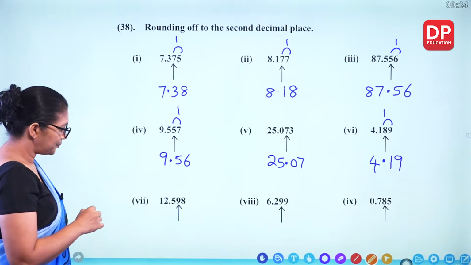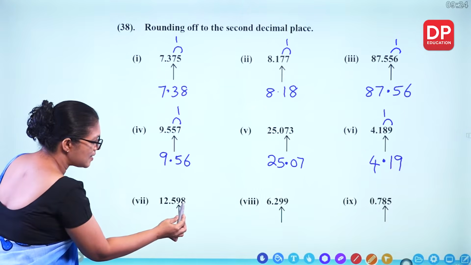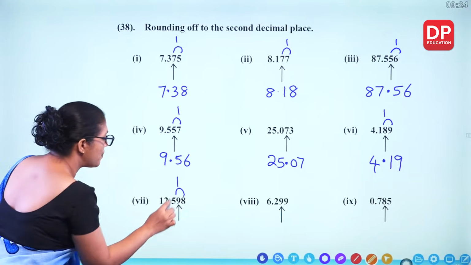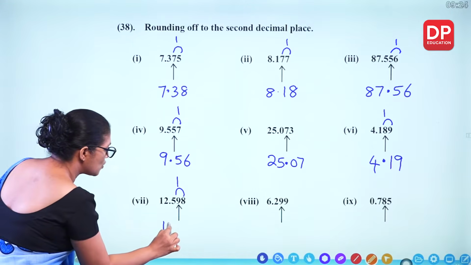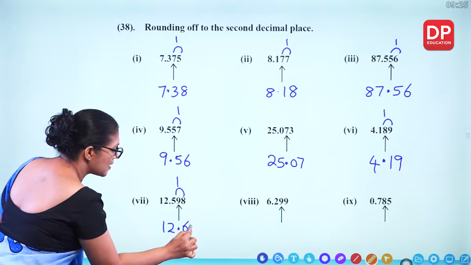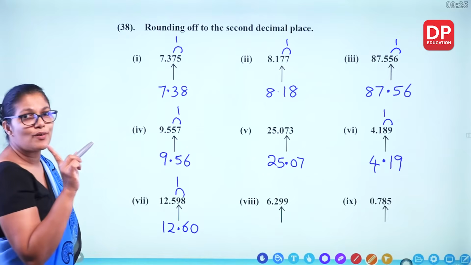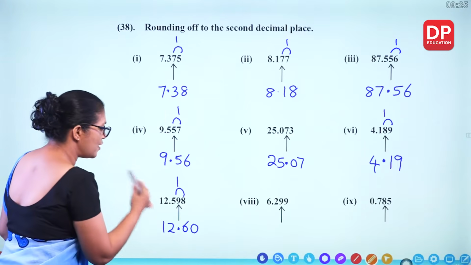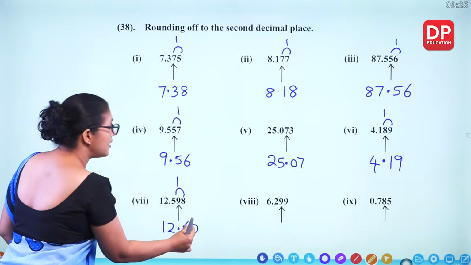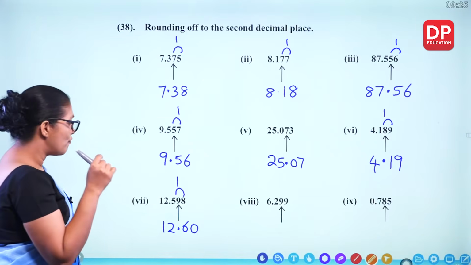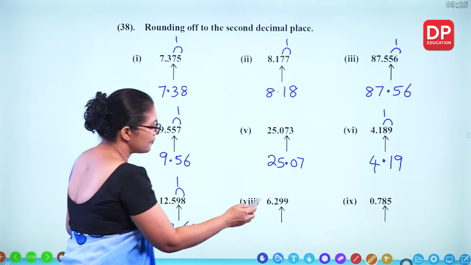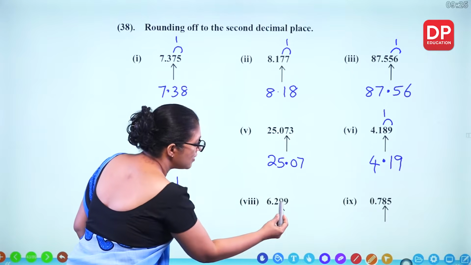This one, next digit is 8. So that means more than 5, you have to add 1 to the previous one. So what's the answer? 12. When you add 1, this becomes 6, 0. Here you have to put the 0 because we are rounding to the nearest second decimal place. So for that place, we have to put a 0. This one, 9 is there.